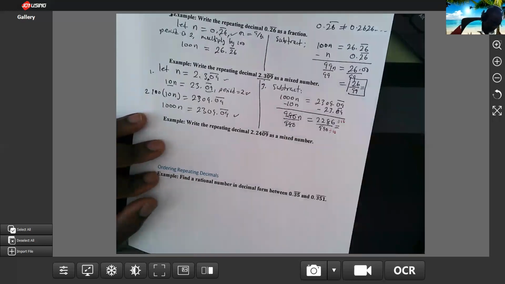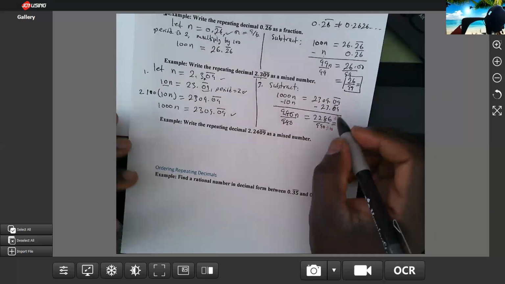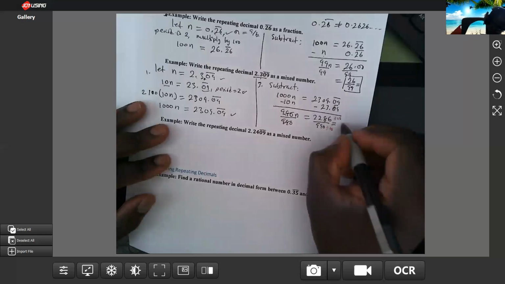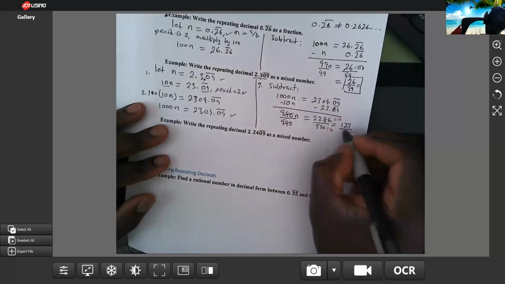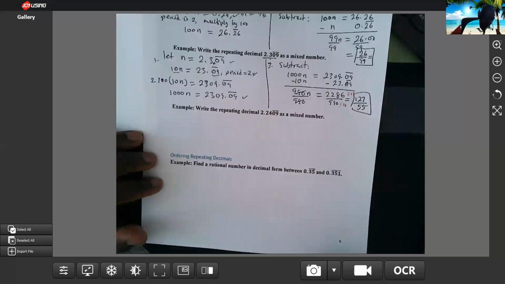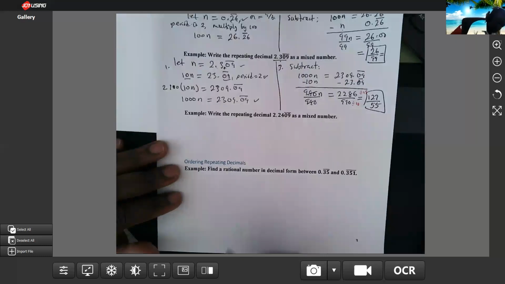That gives me 127 divided by 55 in a simplified form.